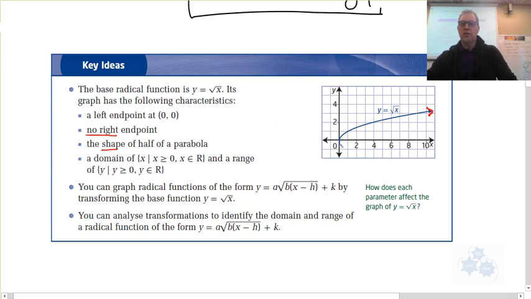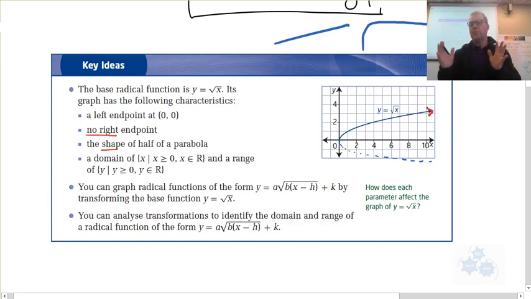So it's a parabola turned on its side because remember, if we were to reflect that, if you look sideways, that's a parabola. So this is not a straight line. It's not sort of something crazy like this. It is a half of a parabola. So if you're wondering about that shape, that is a reflected parabola, because here's the parabola that is the inverse, the reflection. So it is part of a parabola.